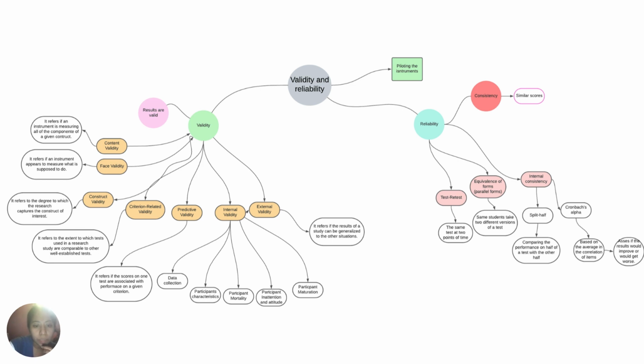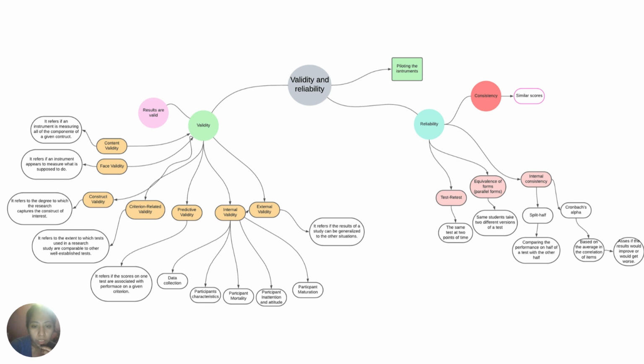Also, participant mortality. In this case, if one participant can't come when we want to apply the test, it's related to the things that we have to do in those cases.